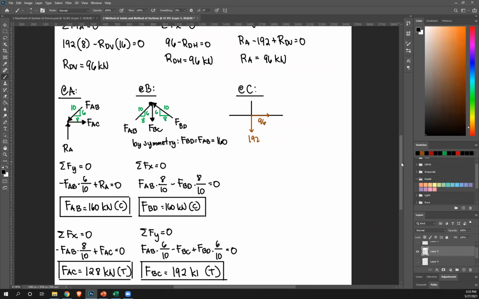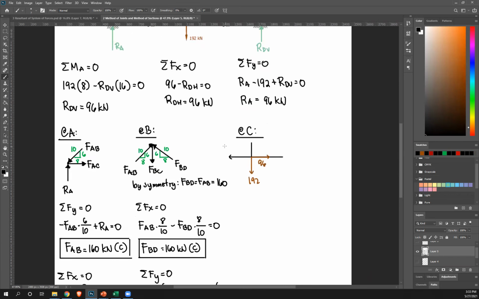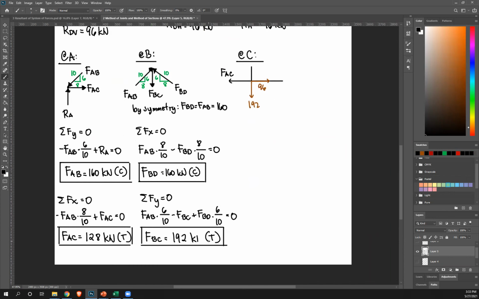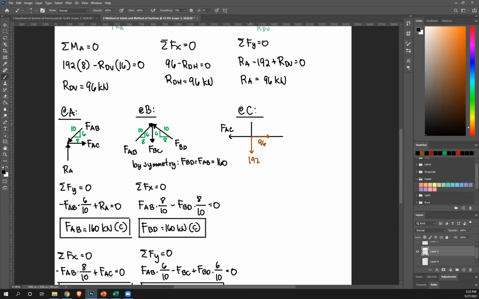FAC is in tension, so I have to draw it in tension here as well, so away from the point, FAC. Next, FBC. BC is tension as well, so I have to draw it that way, away from the point. This is my FBC. And then now we're just gonna guess what direction FCD is. I'm just gonna assume it's tension. Okay, so FCD, and that's what we're looking for.